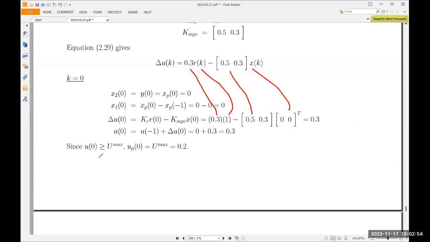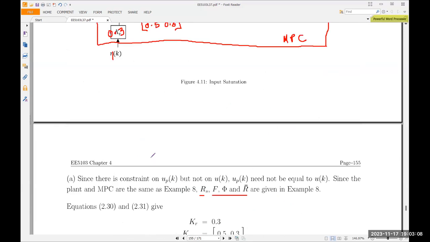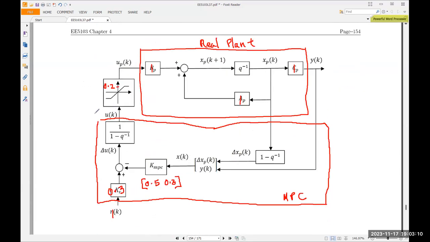Okay. Now, delta U is 0.3. The question says U max is 0.2, but your U now is 0.3. Okay, so what does it mean? It means that here you calculate 0.3, but you are stuck at 0.2.